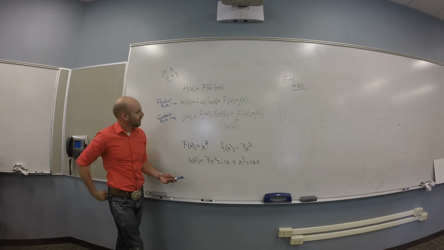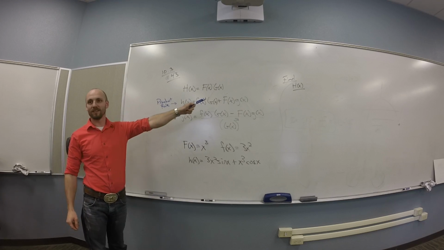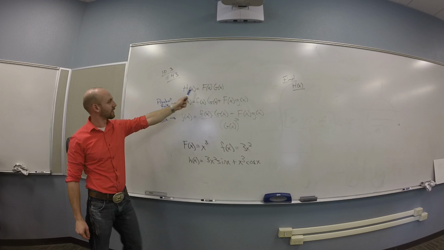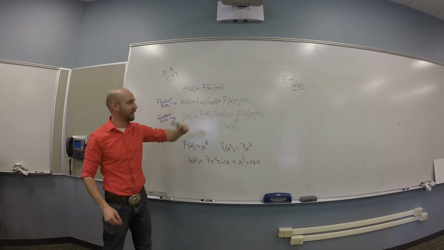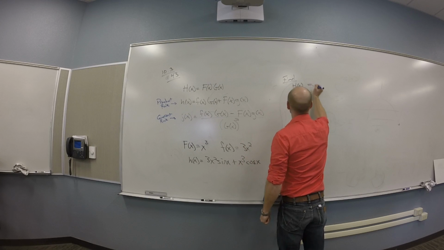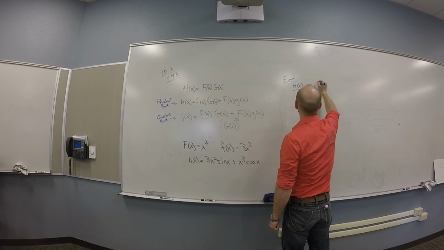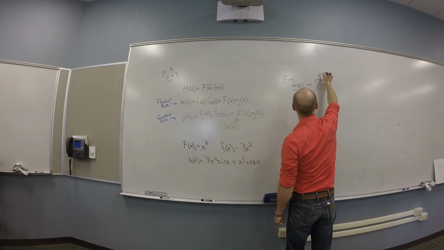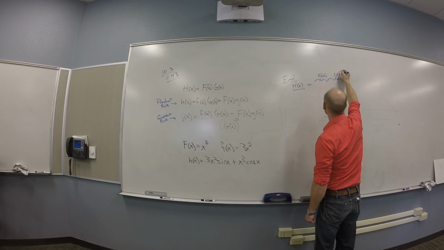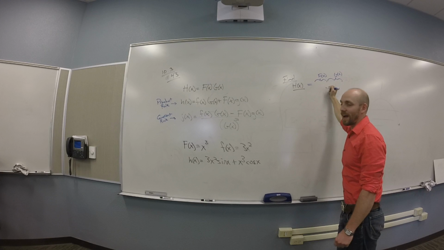So, what do I need to do? I need to find capital H. Here's H. It's capital F times capital G. What do I know right now?